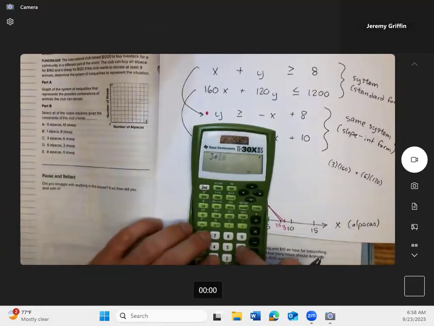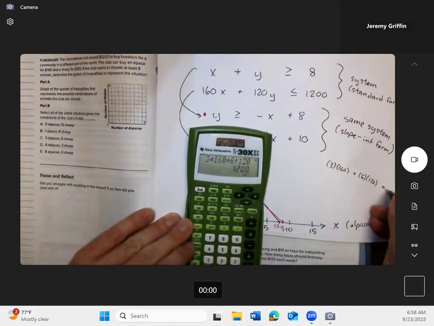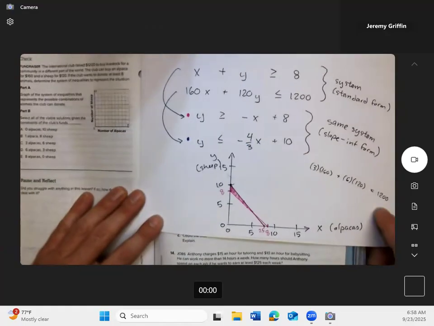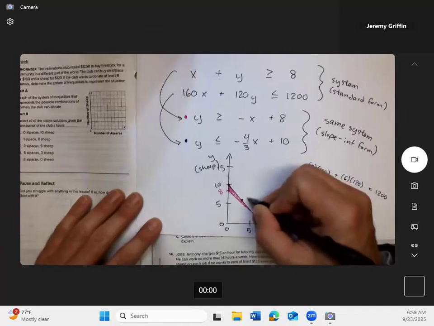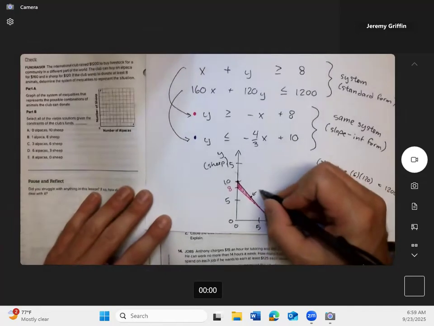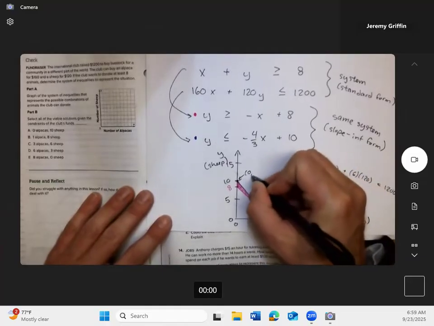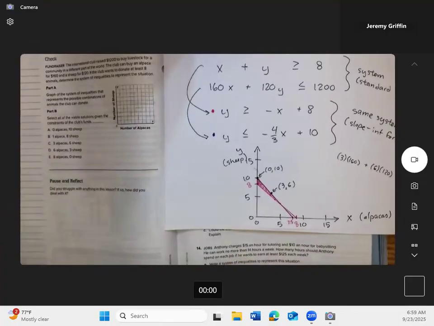So 3 times 160 plus 6 times 120 comes out to $1,200, which is exactly their budget constraint. So yes, the point 3, 6 does work. It is also viable. So 3, 6 works, and 0, 10 works. A and C both work. They max out the budget.